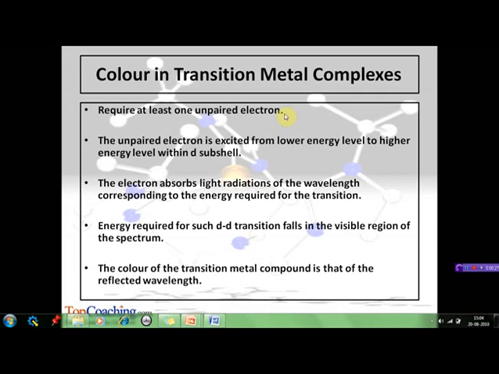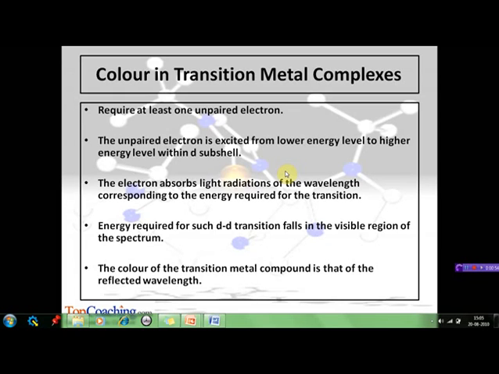One group is of the orbitals at high energy level and the other group is of the orbitals at low energy level. The unpaired electron can be excited from one energy level to the other energy level within the d subshell. The electron will absorb light radiations of that wavelength which provide just that amount of energy that is required for its transition from lower energy level to higher energy level.